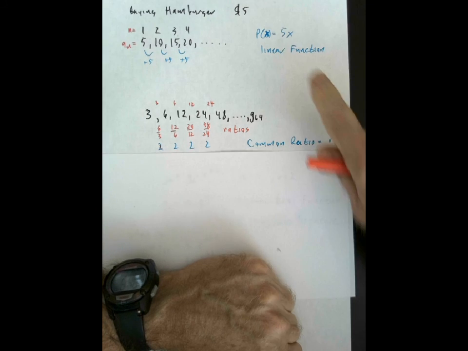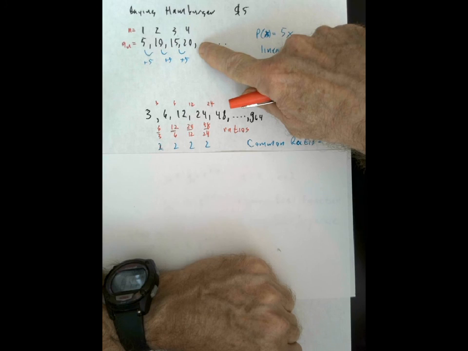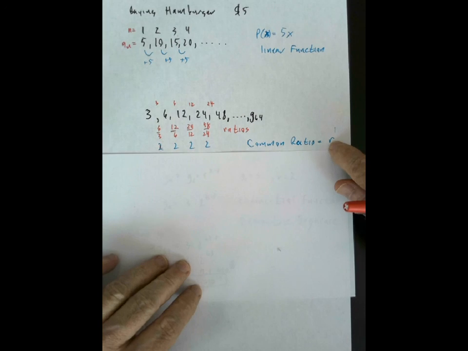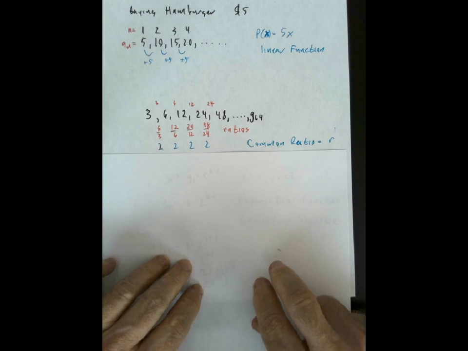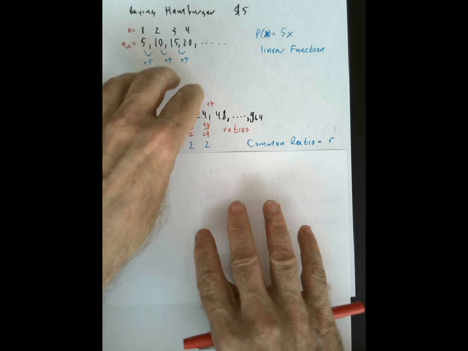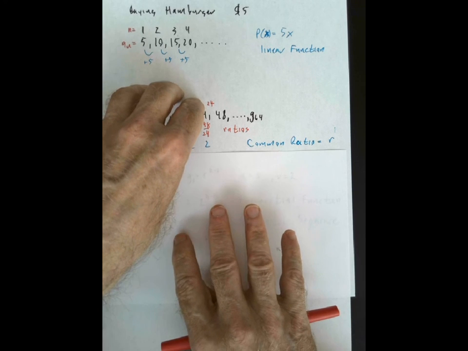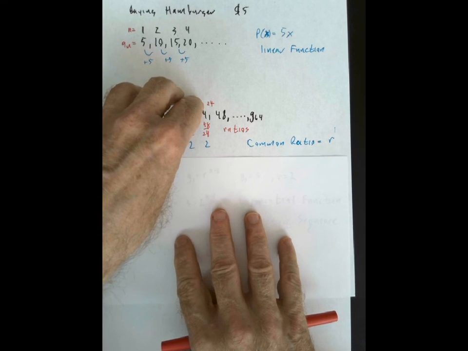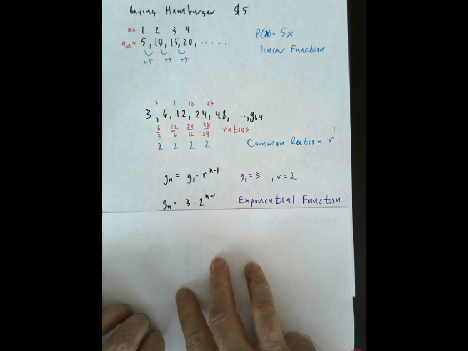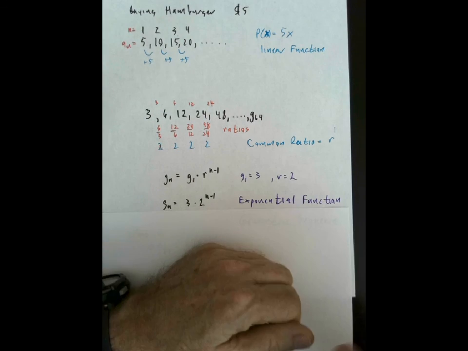Just like the common difference up here was D, common difference of D was 5, this has got a common ratio of 2. Now, when we worked this last time, that led us to a formula looking like this, and we said, oh, that was an exponential function, right?